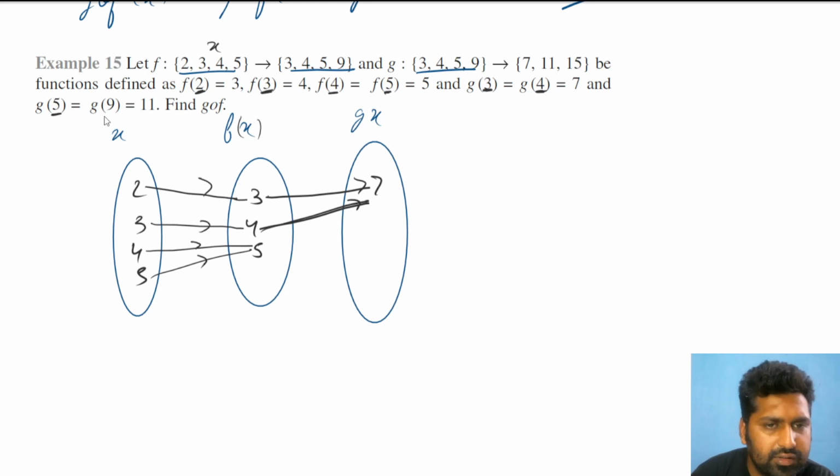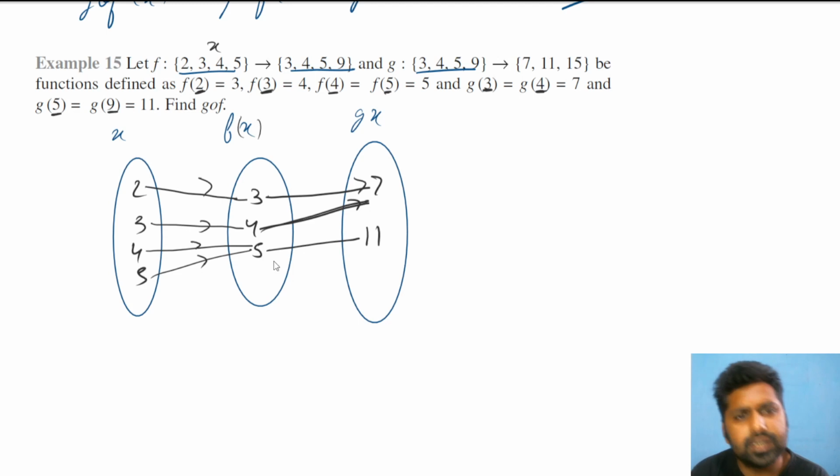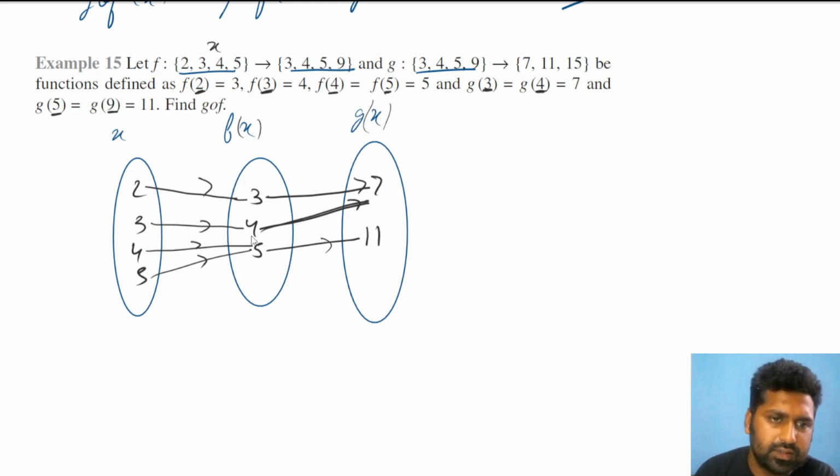G of 5 is 11, but g of 9, I don't think we will be able to generate, because we are getting gof, so only the values of f(x) will be put inside g.